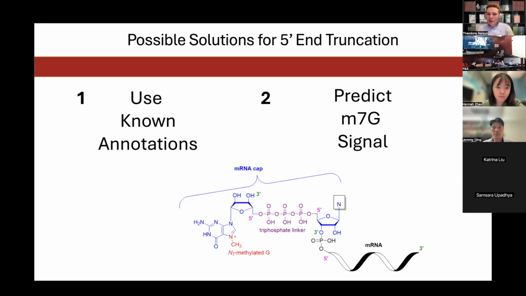So if you were able to predict the m7G signal at the cap of that RNA from the signal, you would also have a solution for finding reads that fully traversed through the pore. And if you're interested in thinking about this question more, that is also the assigned project I2.